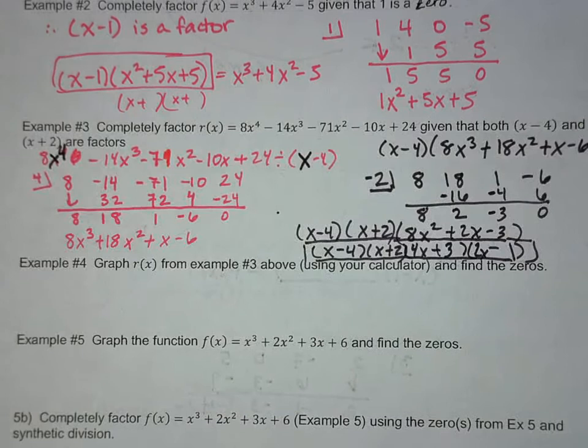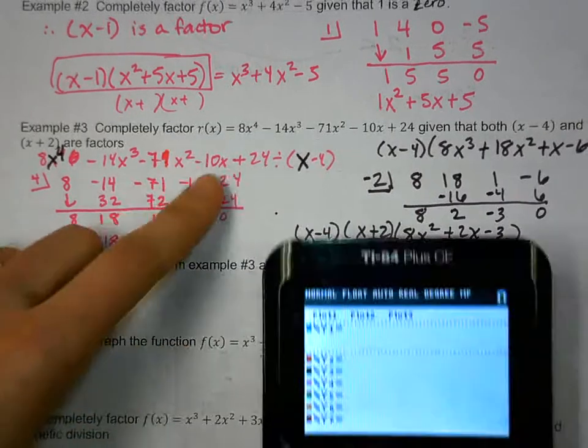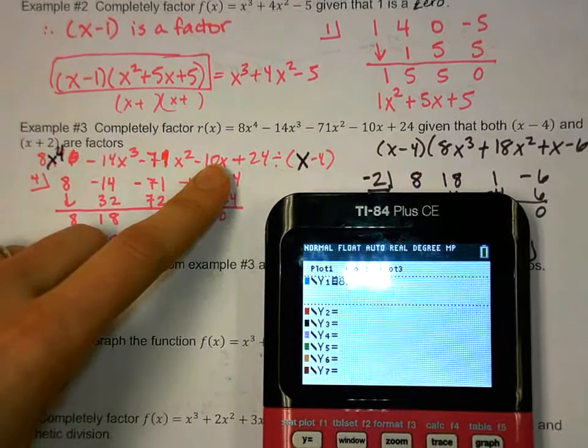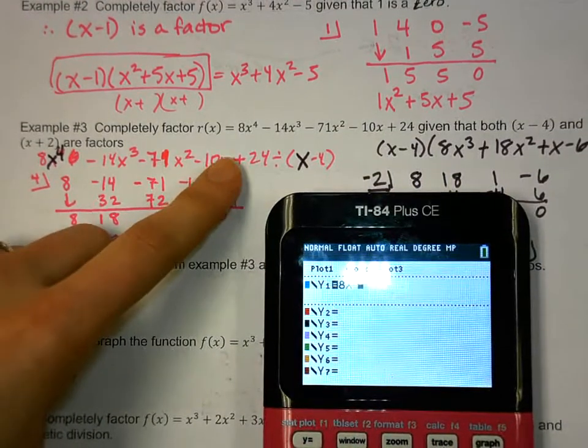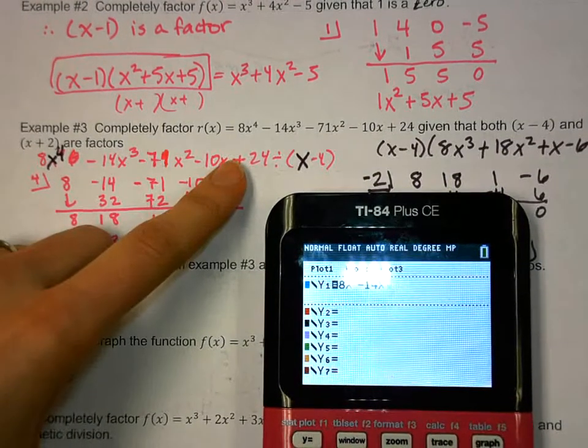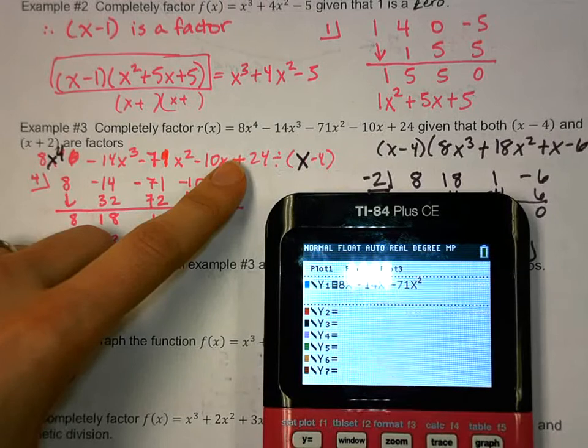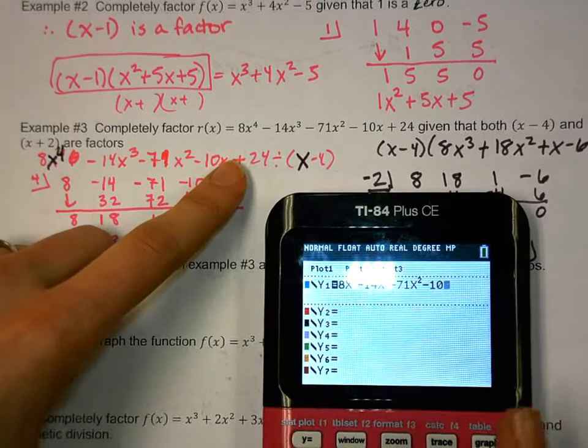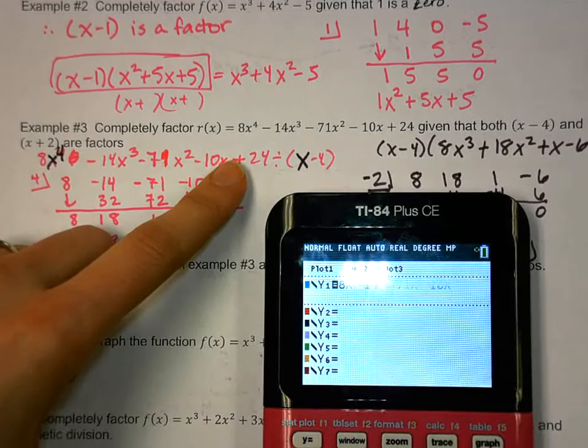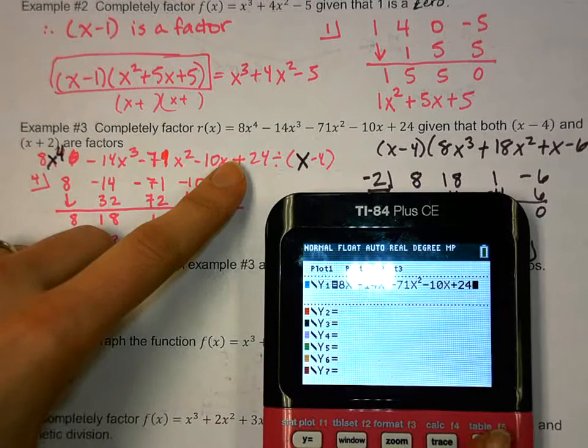Let's see how we could have found those zeros just from that function. So I have 8x to the 4th minus 14x cubed minus 71x squared minus 10x plus 24. And graph it.